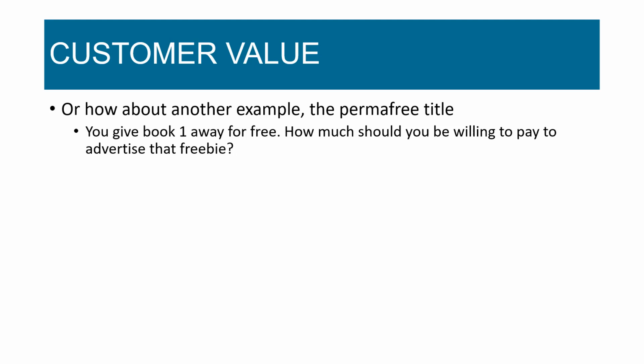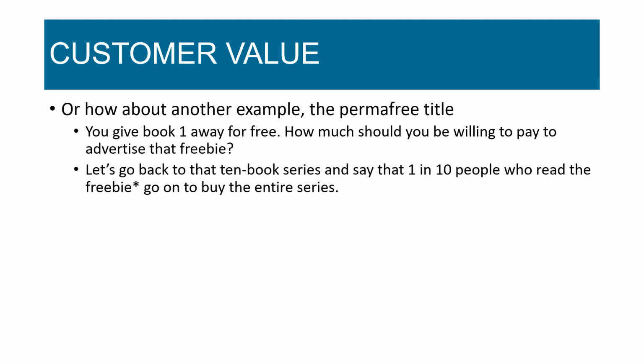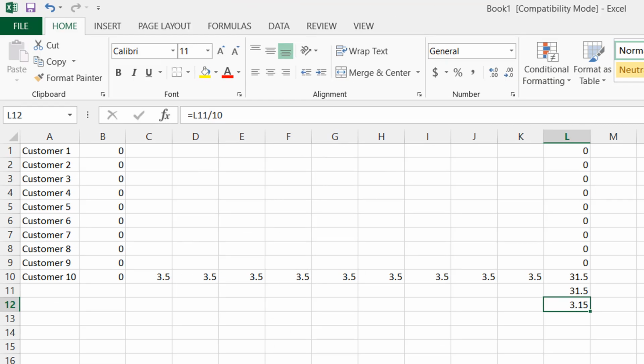And why do they do it? They do it because a certain number of people buy the rest of the series. Now let's go back to the example we had a second ago and say that 1 in 10 people who read the freebie go on to buy the entire series. In this scenario, you would be willing to spend up to $3 to give away your book.